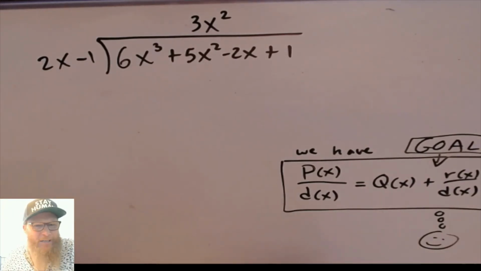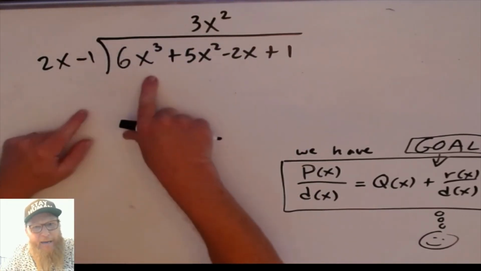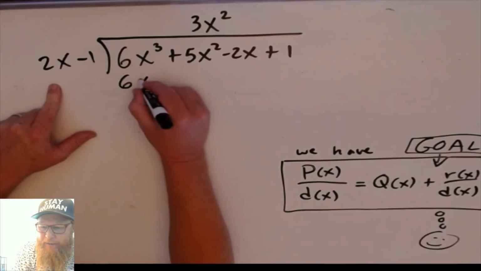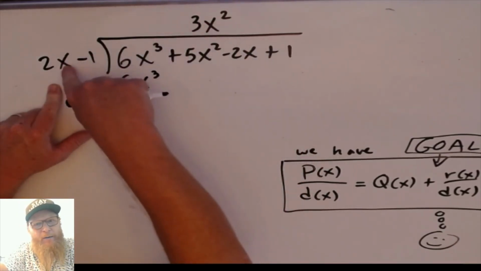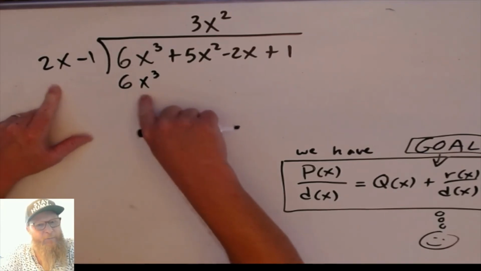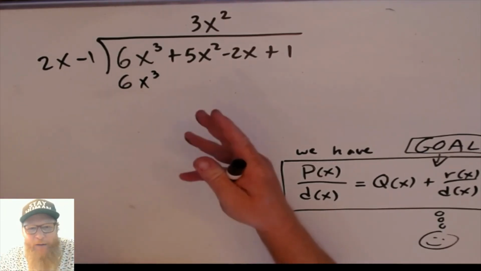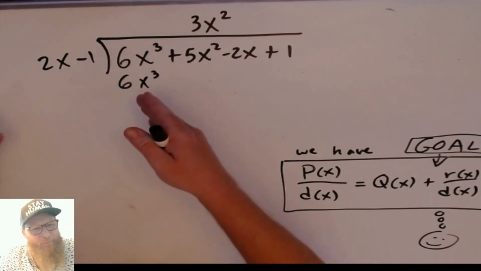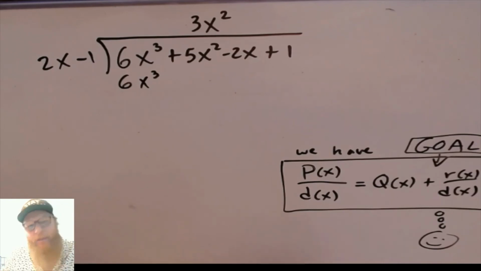Some people don't see it immediately, but just put something down and then multiply it, and you'll find out very quickly if it's the wrong thing. So 3x squared times 2x gives you 6x cubed. It's quicker to guess incorrectly, find out that it's wrong, and then guess again than it is to sit there and think about what you're actually going to do. So just do it and see what happens.